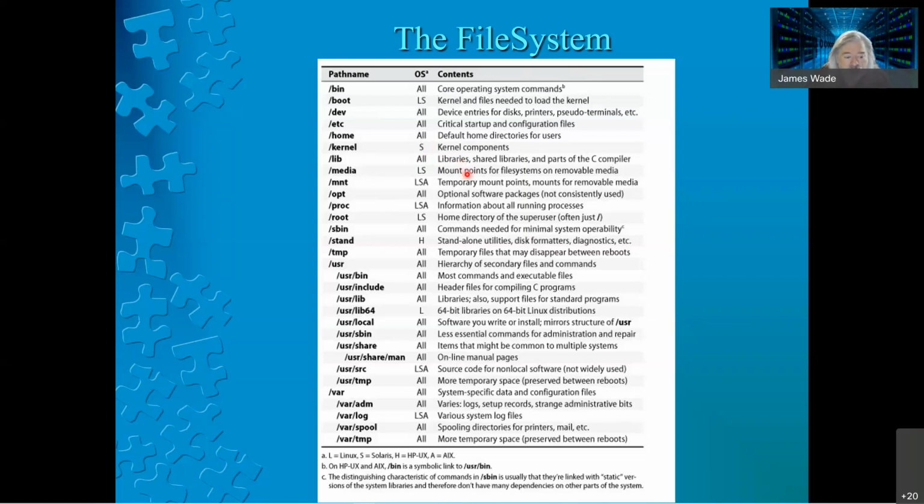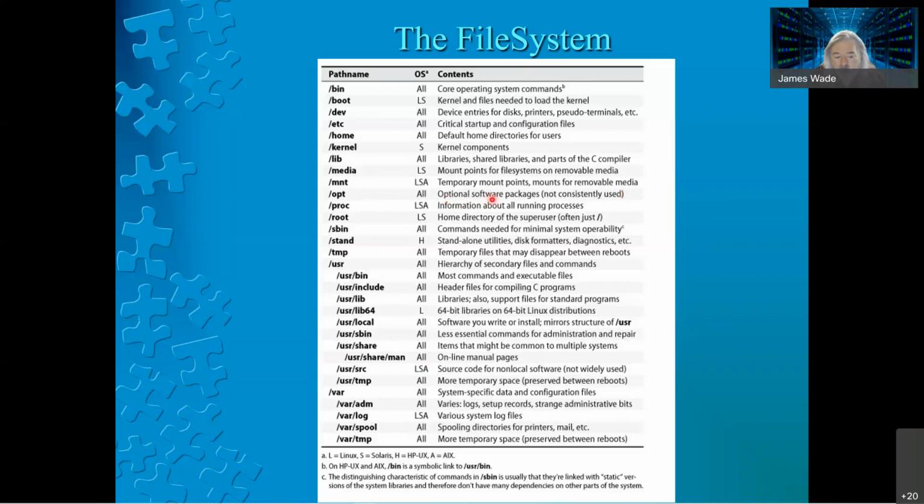/media, mounting files on Linux and Solaris. You've got /mnt, Linux, Solaris, and AIX. /opt. Back in the day, this is where we would install optional software packages. Okay, the /opt directory was predominantly where additional software was being installed.